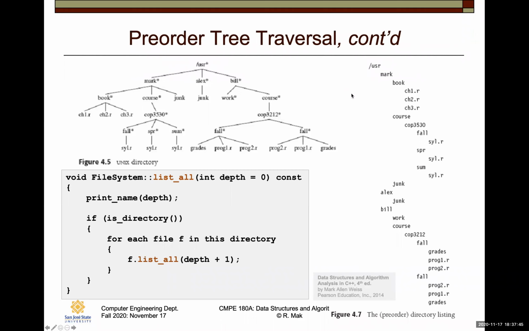We process the node, and then we go and deal with the children. That's a pre-order traversal, and if we follow this traversal, we will end up visiting every node of the tree, but in a prescribed order.